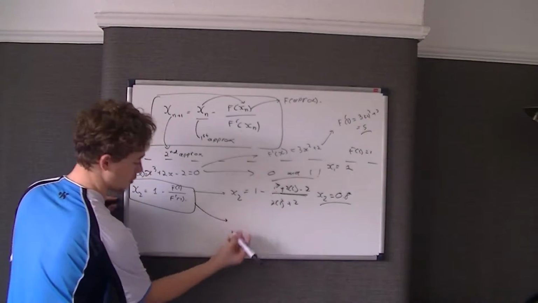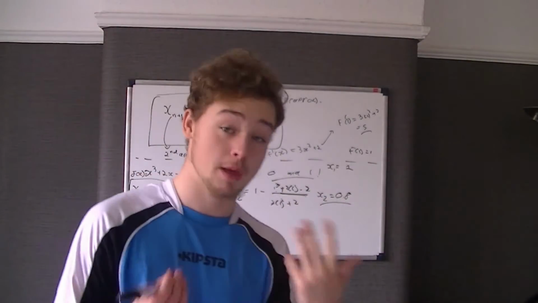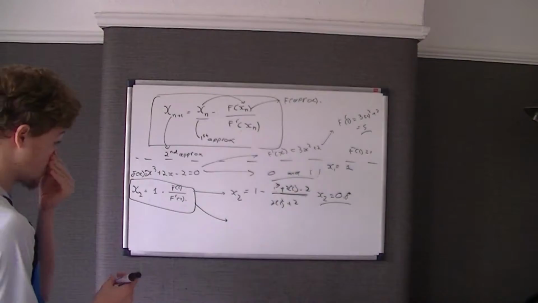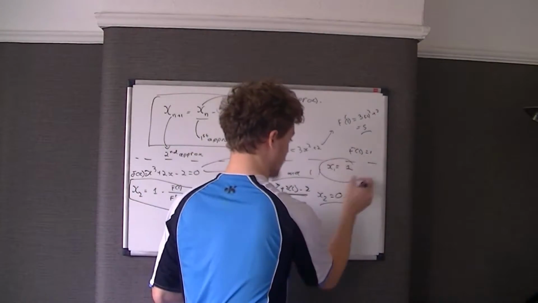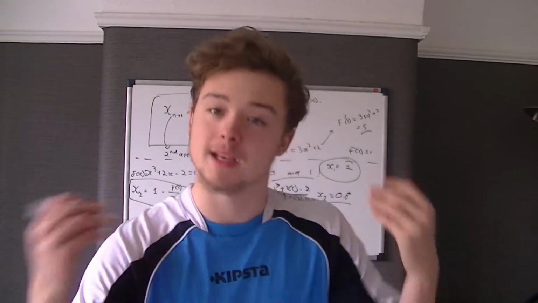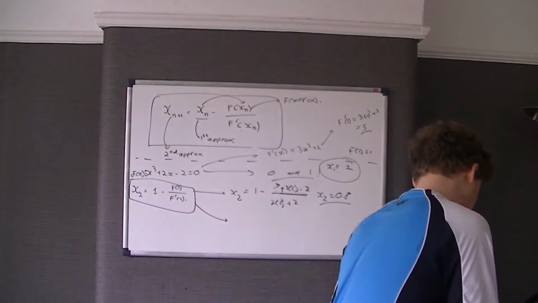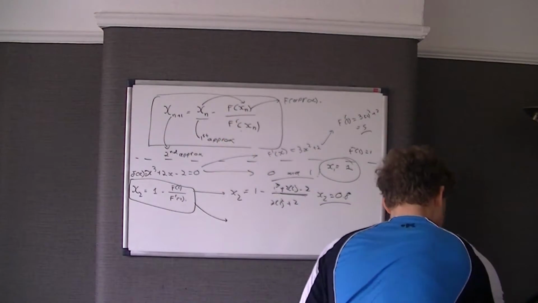The calculator has a memory, so whatever approximation you put in, in this case our first approximation was 1, you clear your calculator's memory and set the answer to be 1.